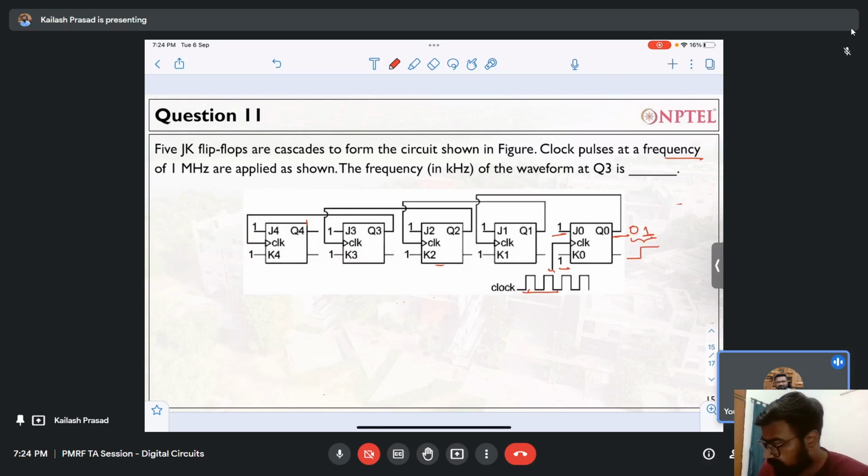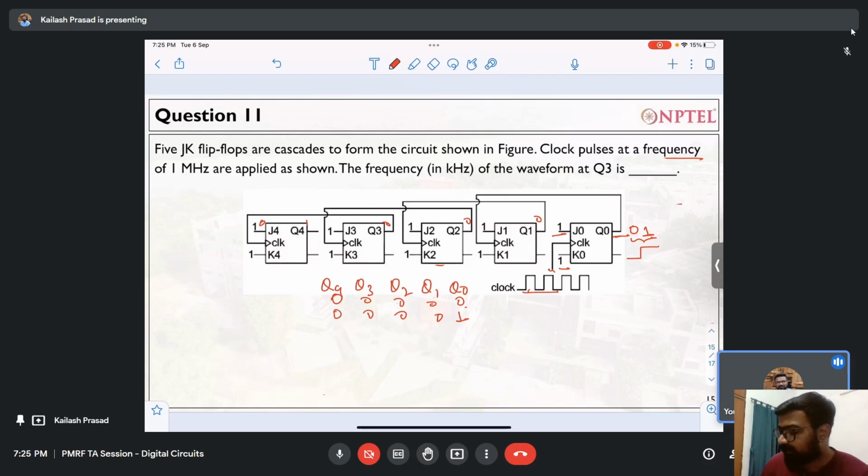I have written it like that only: q4, q3, q2, q1 and q0. Initially all will be 0, because everything is 0. Then what will happen? It will become 1, and everything else remains 0.